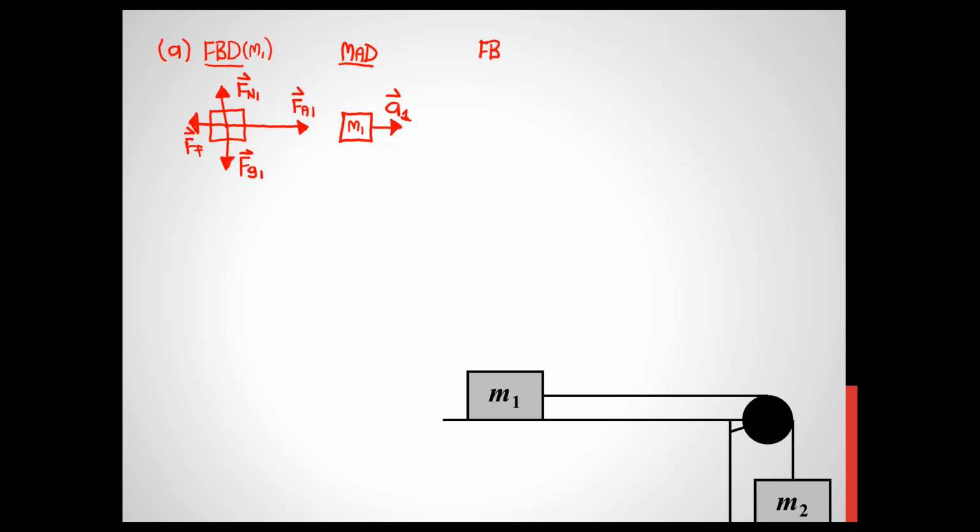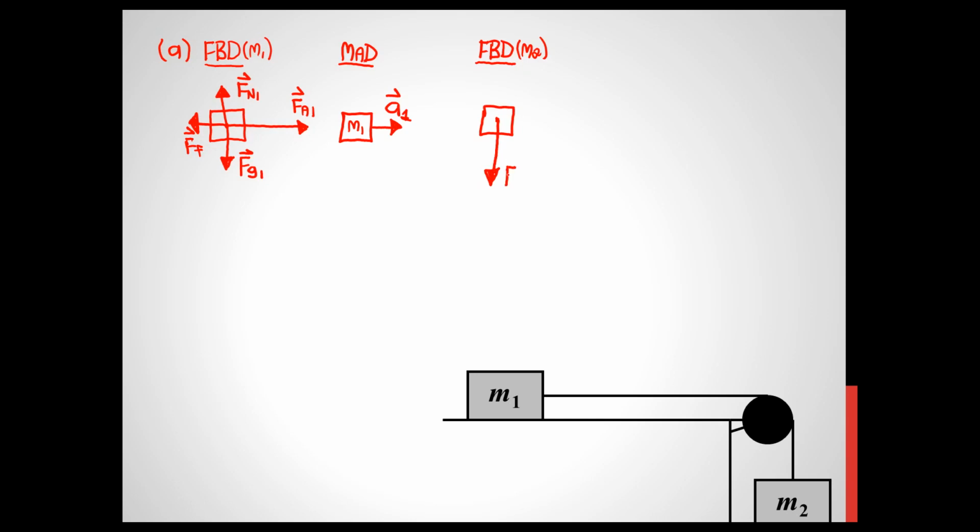Okay, now let's go to mass 2. So an FBD for mass 2. Now this mass is going to be subjected only to vertical forces. So there's the force of gravity, of course. It's acting straight down.